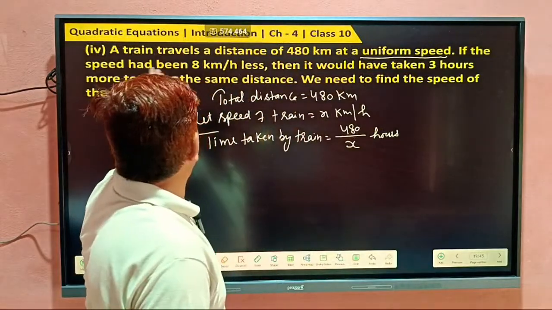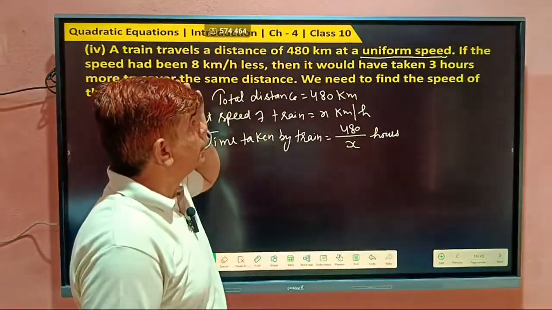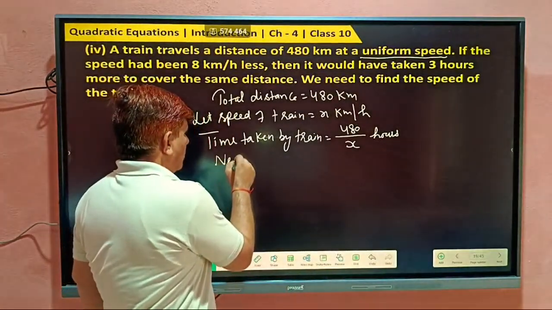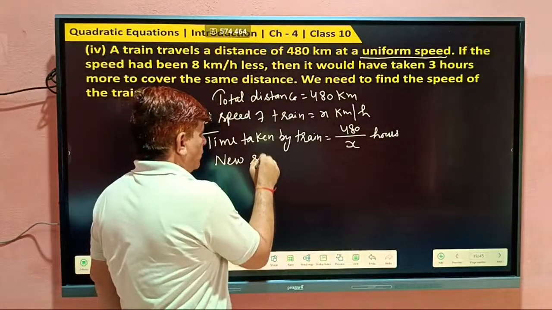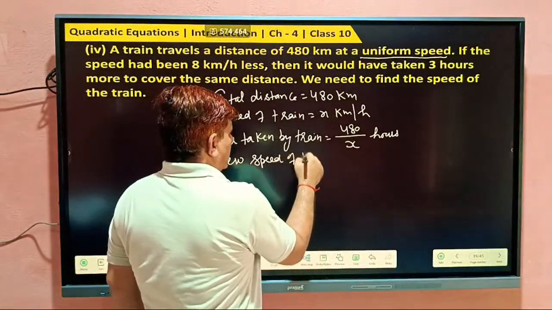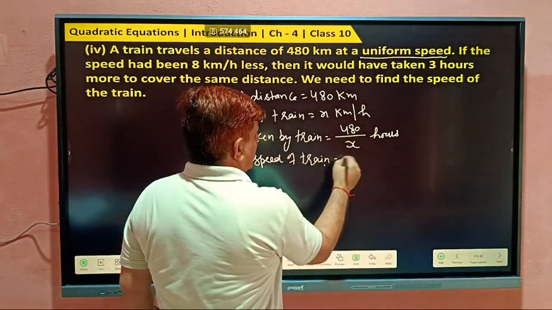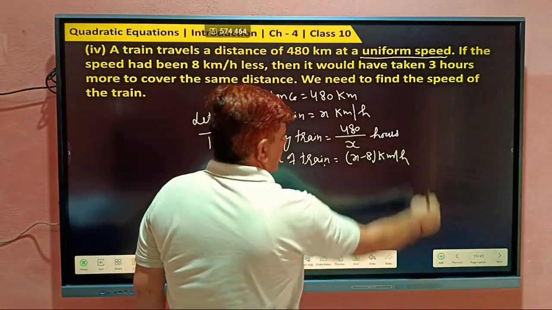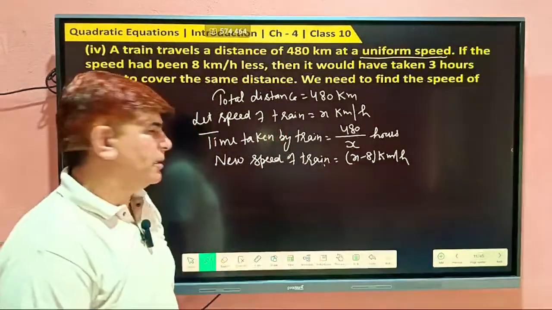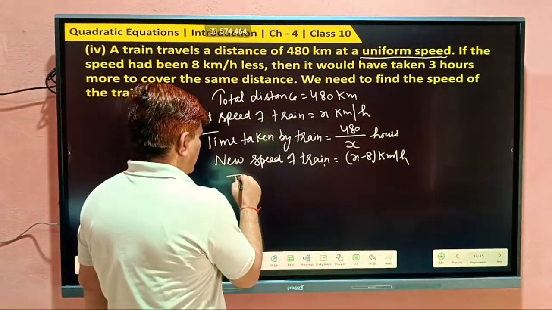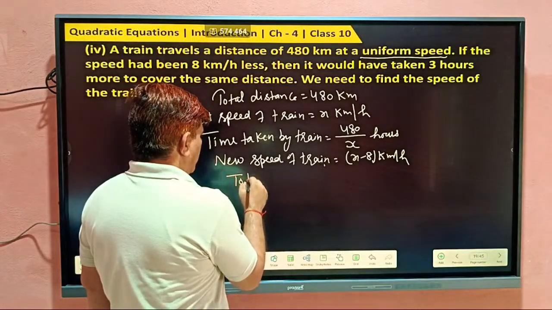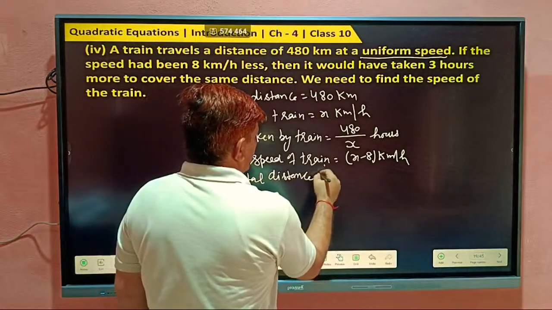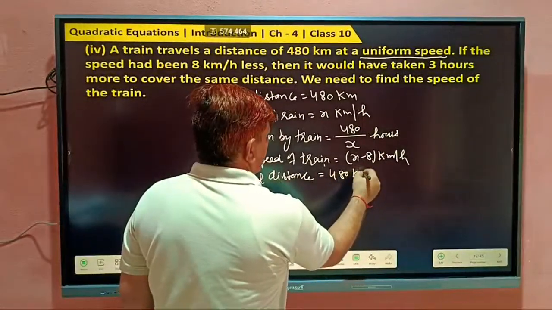If the speed had been 8 km less, then it would have taken more time. So what's the new speed of the train? Original x, reduced by 8 km per hour, so x minus 8. The distance remains the same, total distance 480 km.